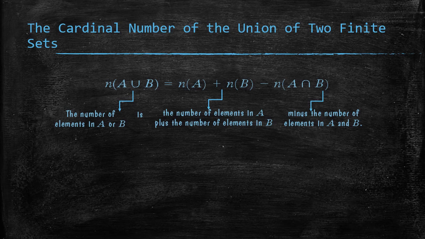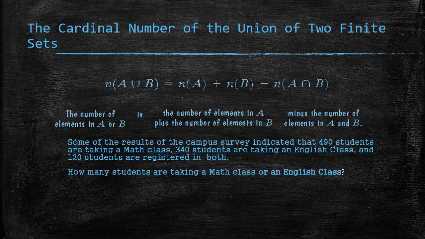The cardinality of union of two finite sets is given by the formula. So let's see an example. Some of the results of the campus survey indicated that 490 students are taken in math class, 340 students are taken in English class, and 120 students are registered in both.